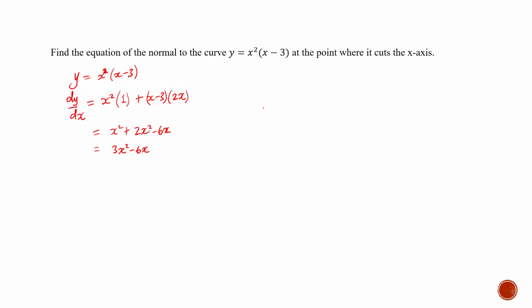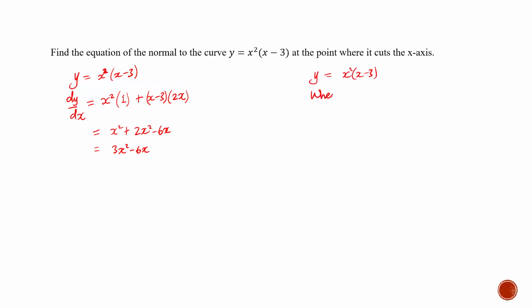Now, at the point where the curve cuts the x-axis, you know that at the x-axis y is 0. So we'd have to find the x coordinates of the point where y is 0. So how do we do that? We let y be 0 in this equation.